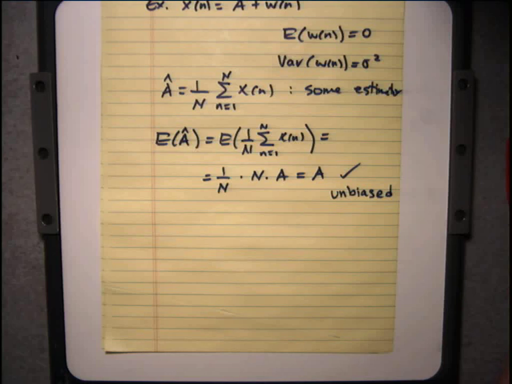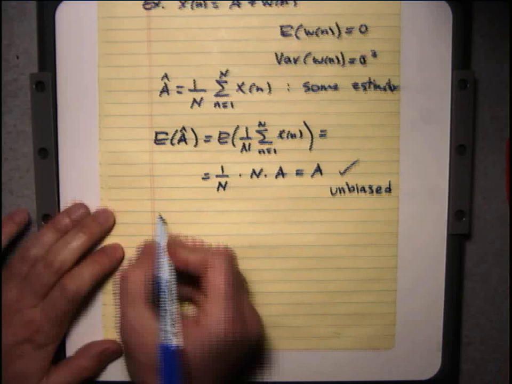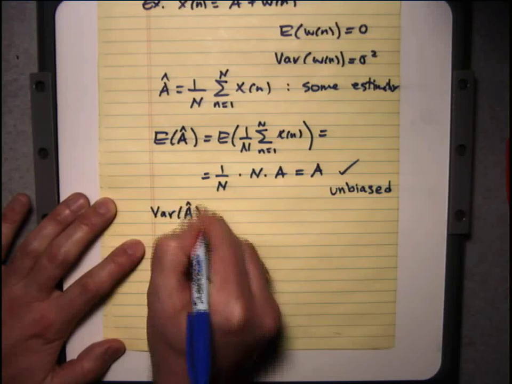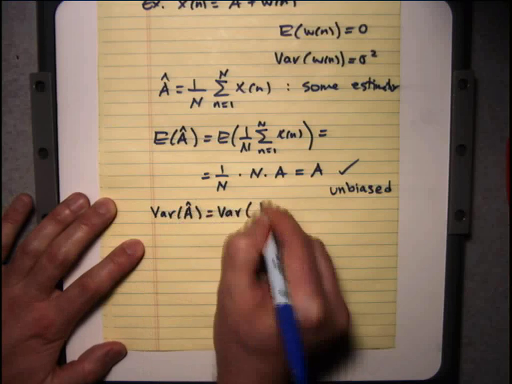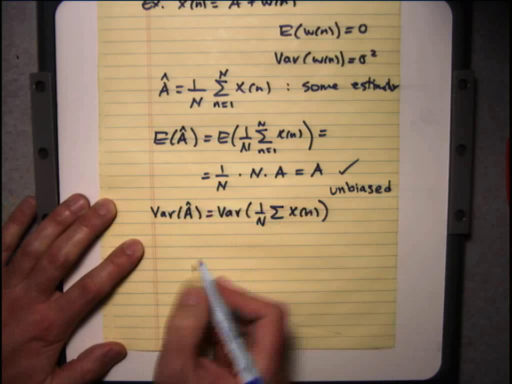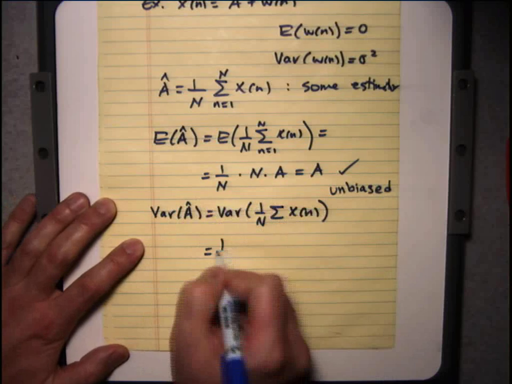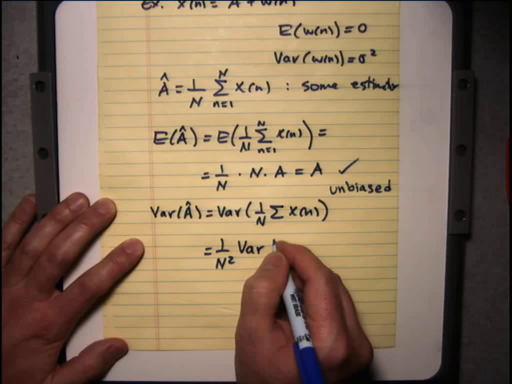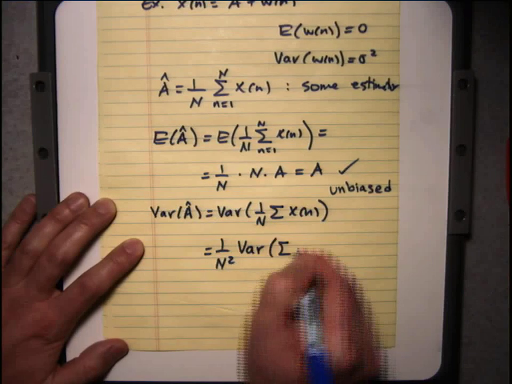The way we measure that is using the variance. Okay, so the variance of A hat is the variance of 1 over N summation of x of n. This 1 over N comes out as 1 over N squared times the variance of the sum of x of n.